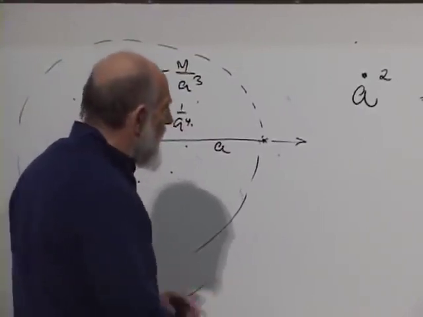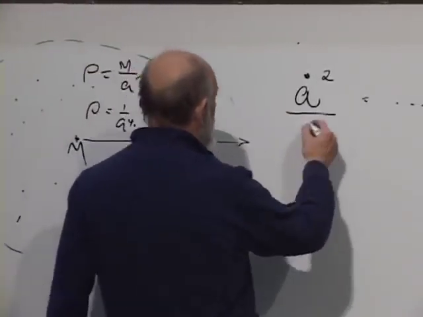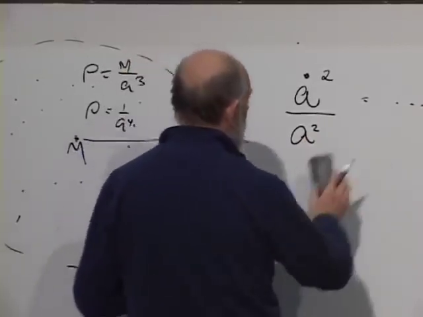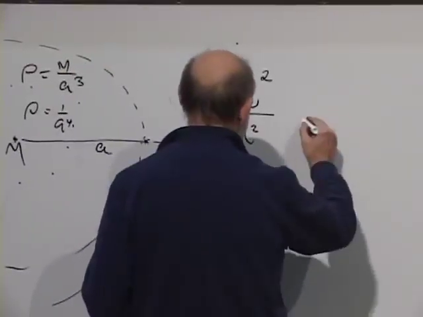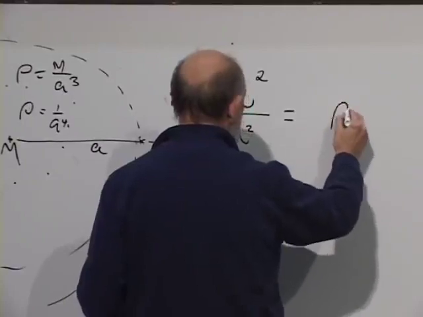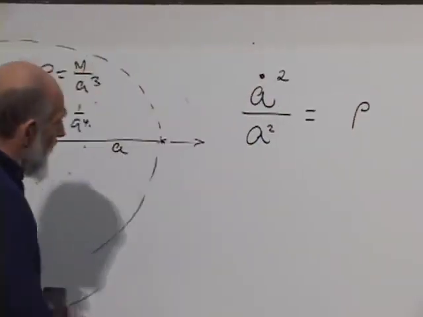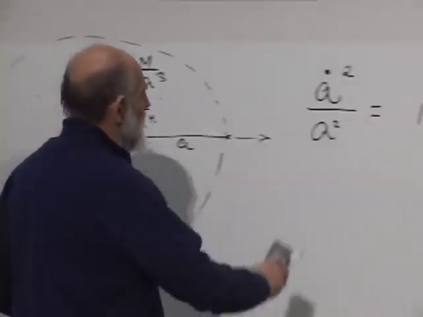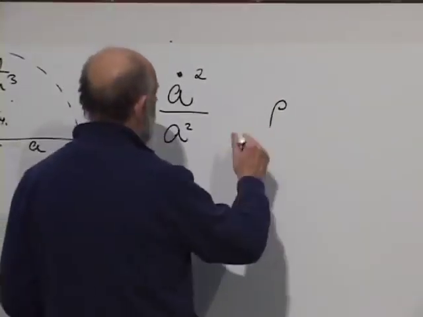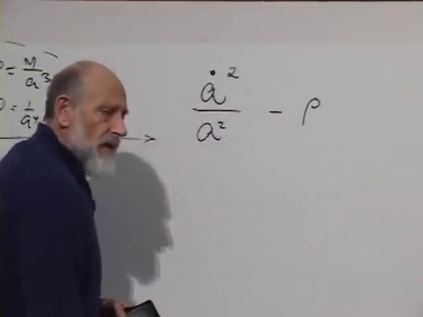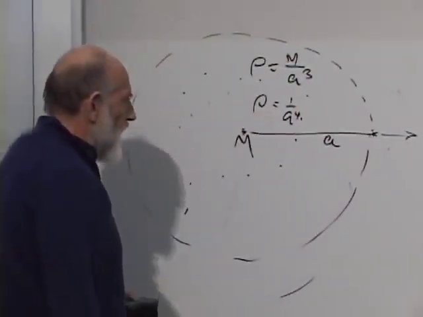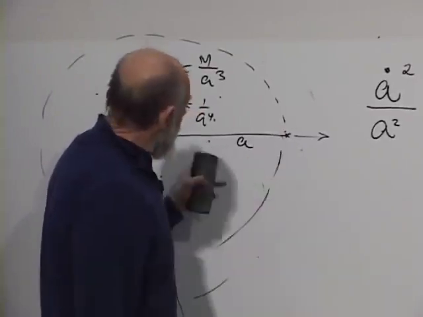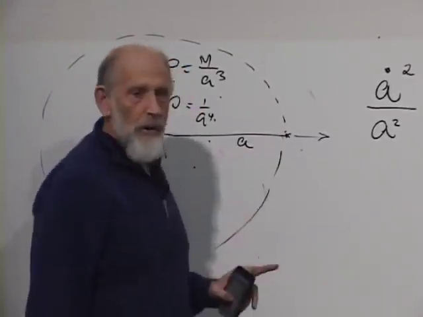By the time we manipulated it a little bit, we divided it by a squared and eventually got on the right-hand side the energy density, rho, or the mass density. But then there was another term on the right-hand side which we set to 0. It had to do with what the energy of the outgoing particle was.